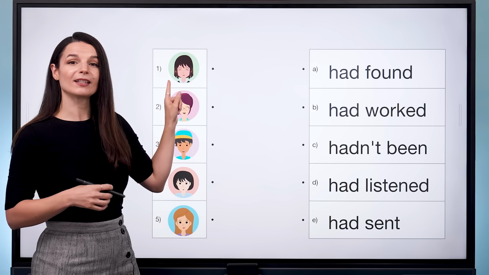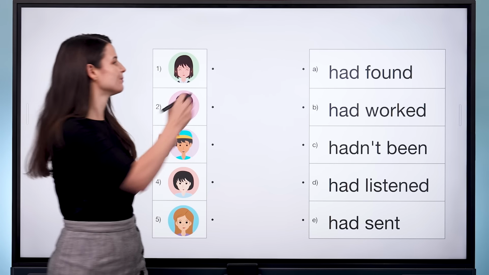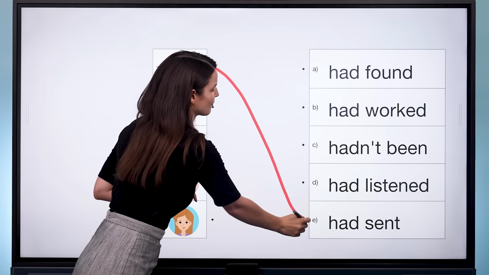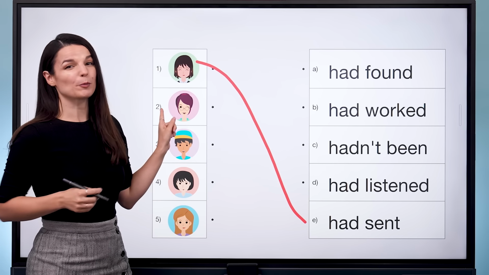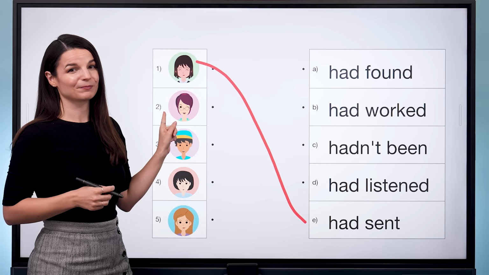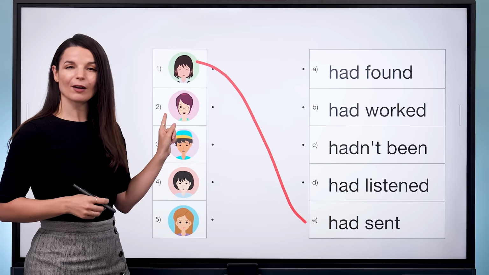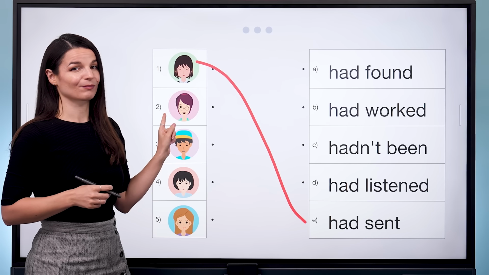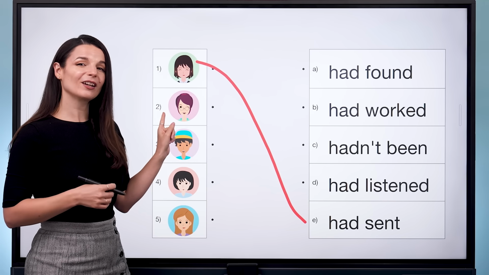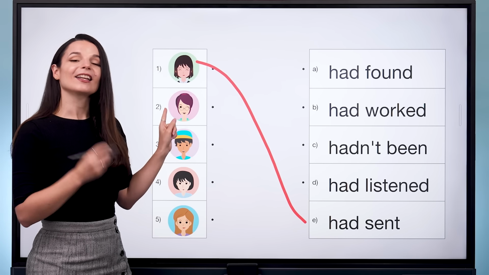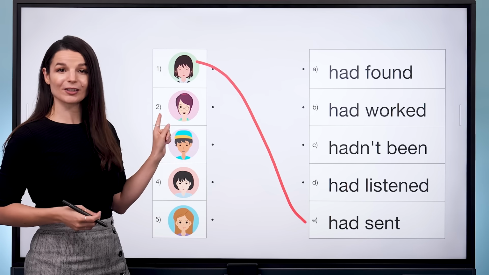I'd sent means that had sent is the past perfect verb. How about he would be better off if he'd listened? Let's listen one more time. He would be better off if he'd listened. Did you hear? He'd listened. He'd listened means that had listened is the past perfect verb.